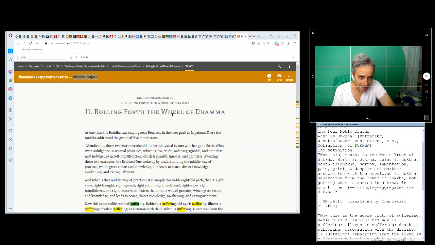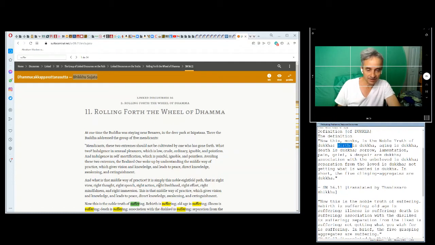Rebirth, that's important, because that means that the Access to Insight website tends to be hesitant or agnostic towards the idea of rebirth.